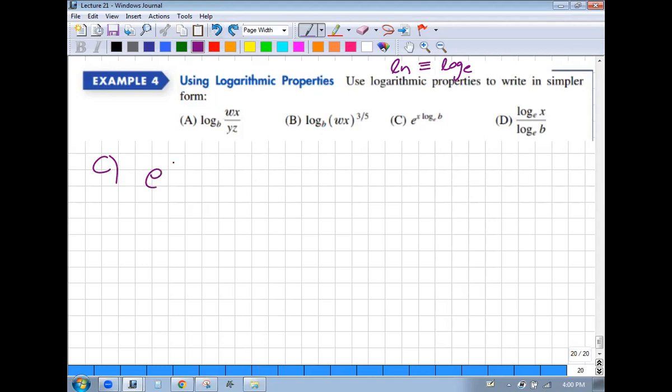So let's go e to the x log base e of b. What we can do is bring this x and put it in here as an exponent. Remember, an exponent you could put out front, and if you have something out front, you could put it in as an exponent. So now the e and the log base e undo one another, and you just get b to the x.